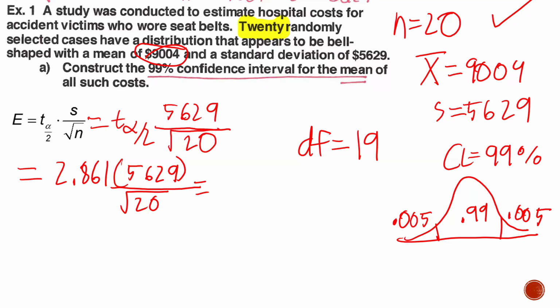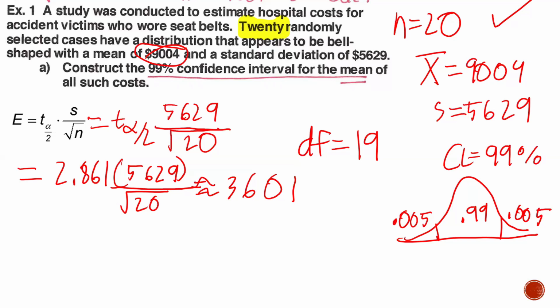So when you threw this in your calculator, you should have gotten approximately 3,601. Did we get that? Now that is our margin of error, so to speak. So our confidence level, what's our point estimator of our population mean?